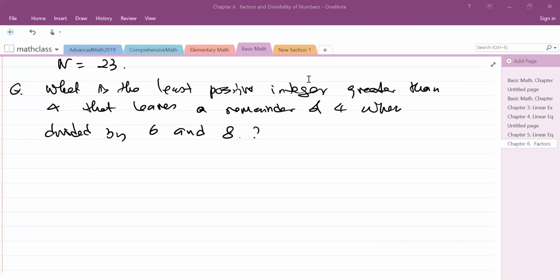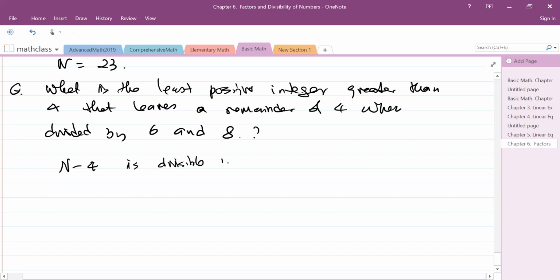How do you do that? Well, division by 6 and 8 gives the same remainder, so that number minus 4 should be divisible by 6 and 8. The smallest number divisible by 6 and 8: 6 contains the factors 2 and 3, and 8 is 2 cubed.